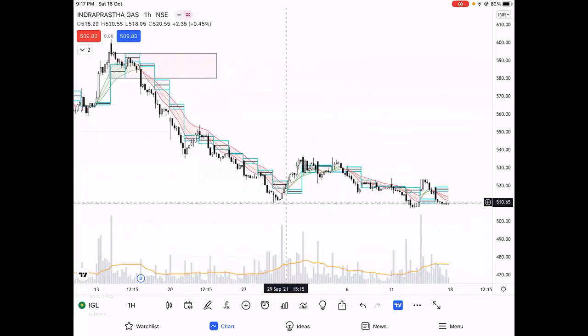Series of descending CPRs, but what is actually happening here is, see, on 30th of September, the market opened above PEMA, right? And from here on, there is a probability of 50 to 60% that the trend is reversed.